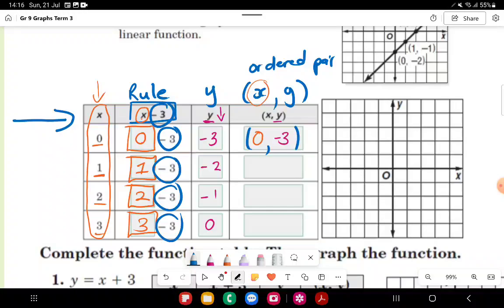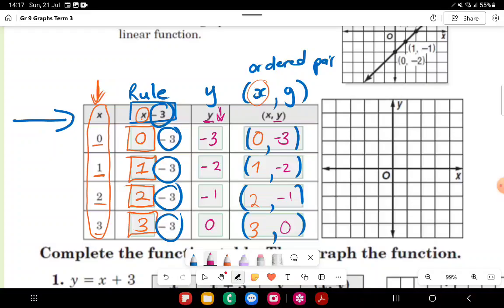So if you give me an ordered pair without a bracket, it's wrong. So for each of them, do your bracket and comma. Now you write all the orange numbers, which are your x's, from the first column. That's going to be 1, 2, 3. And then all of your pink numbers, negative 2, negative 1, and 0.